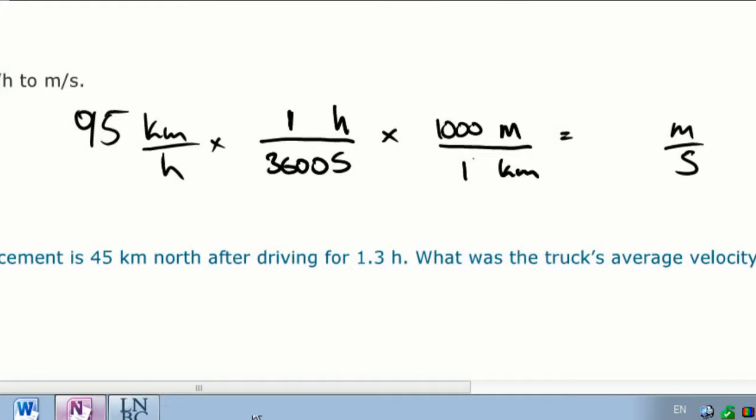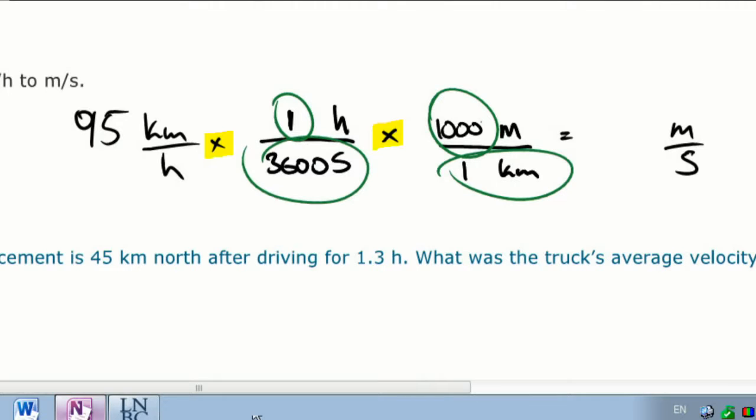Now, remember, because I'm multiplying here, the order of multiplication doesn't matter. So if I do my time first and then my distance second, I'm going to end up with the same answer. So there's no problem with doing it this way. So I'm going to take 95. I'm going to kind of look across the top here. 95 looks like I'm going to multiply by 1, multiply it by 1,000, and then I'm going to divide by 3,600 and then divide by 1.